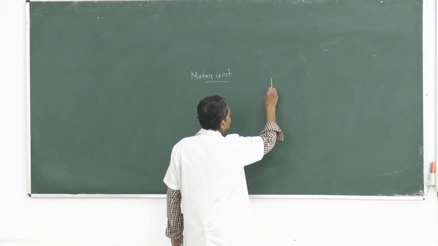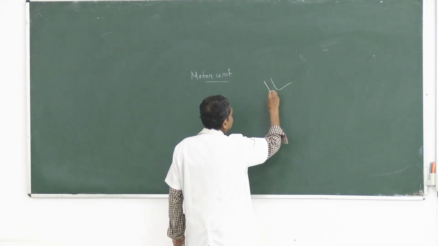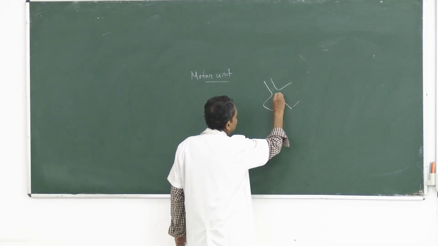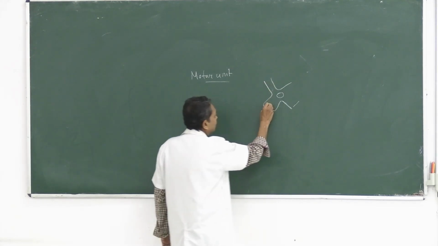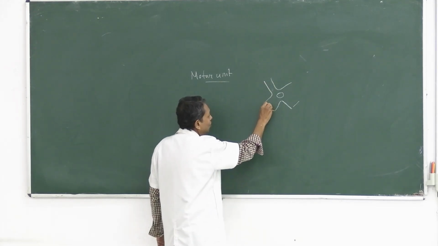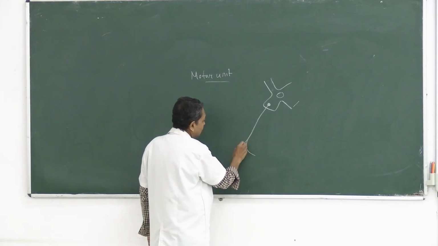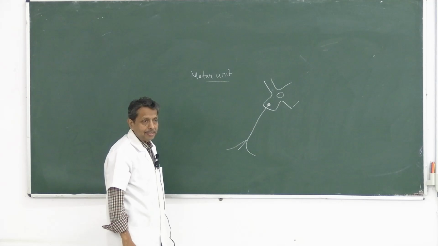Suppose an anterior horn cell, an alpha motor neuron, is coming, and terminally it will divide.